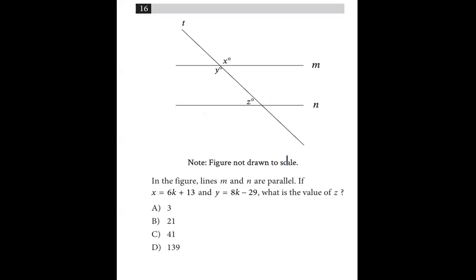X is 6K plus 13, and Y is 8K minus 29. What is the value of Z? Well, since these two are opposite angles of a line that intersects another line, these two angles are the same and these two angles are the same. So we can set X equal to Y. So we have 6K plus 13 is equal to 8K minus 29.